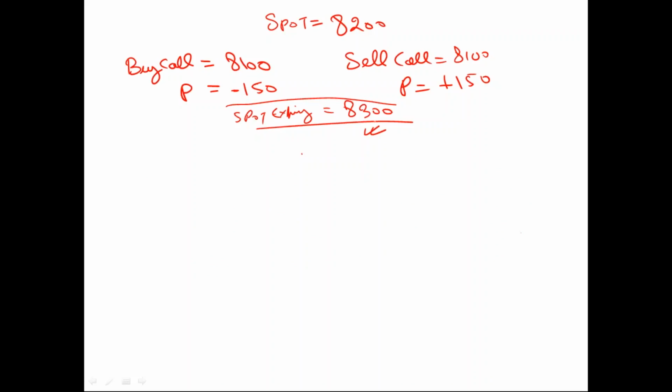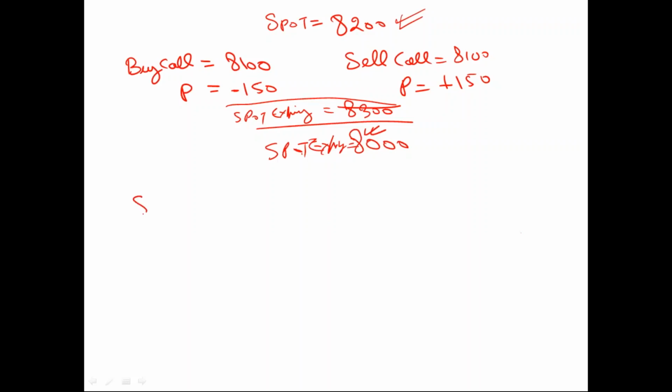What happens if at expiry, instead of 8,300, it is, let's say, 8,000? The price goes down instead of going up. You were expecting the market to go up. When the spot was 8,200, I analyzed on the 7th that on expiry it would go to 8,300 at least. But the spot on expiry of the contract, that means 28th of July, was 8,000.